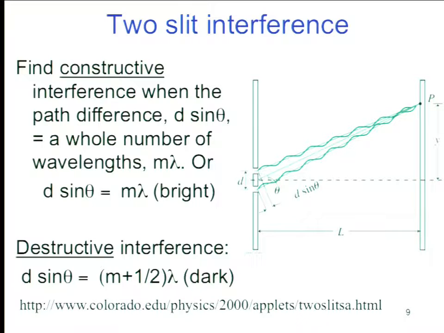So you're going to get an extra phase angle of pi. And we said a phase change of pi will give you cancellation. So if we make delta R equal lambda over 2, then at that angle, the waves from this slit will be out of phase by 180 degrees over here, and you'll get a minimum.